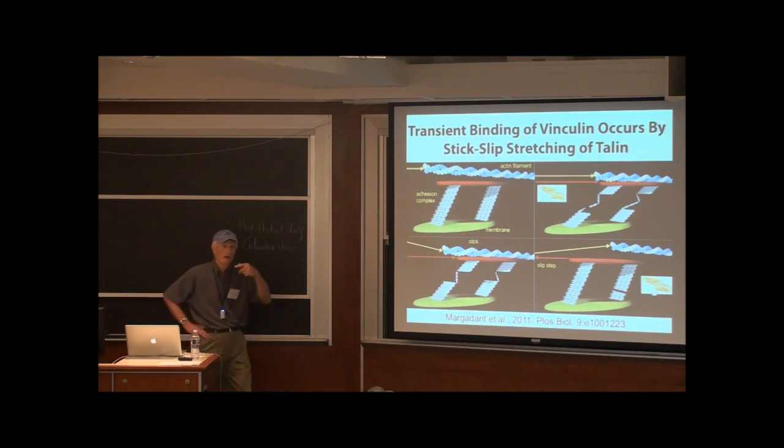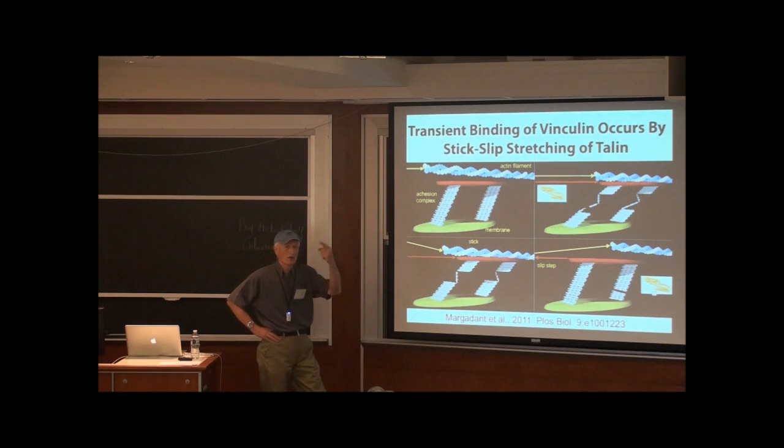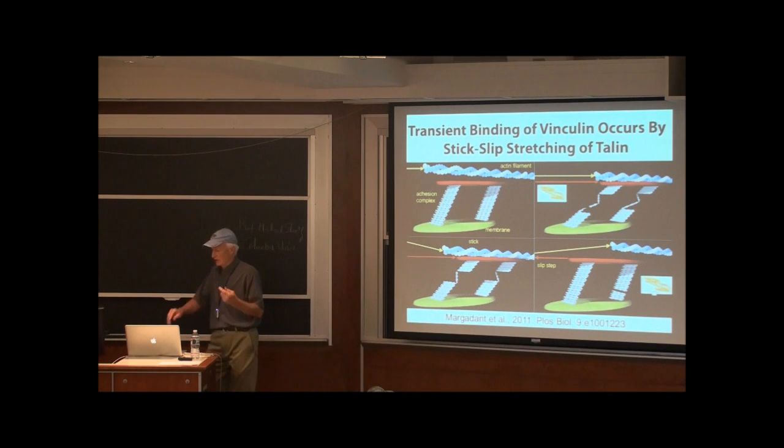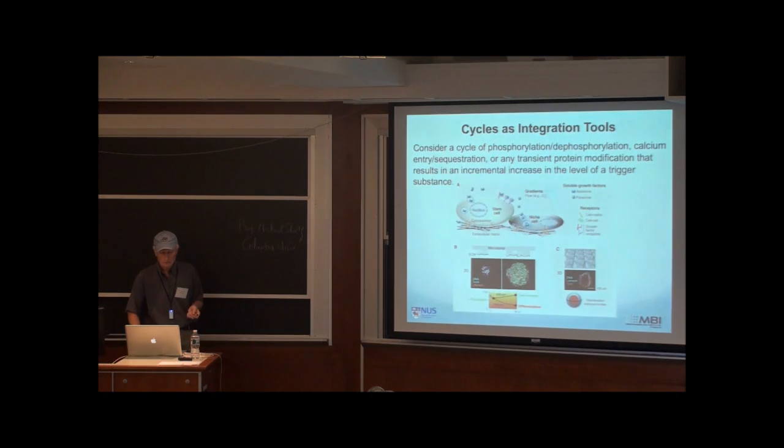So this is a way that the cell can integrate over time because it depends upon the number of adhesions, the frequency of actin flow past those, as well as the dephosphorylation or phosphatase activity within the cell. So you've got a nice way of regulating and integrating over time.